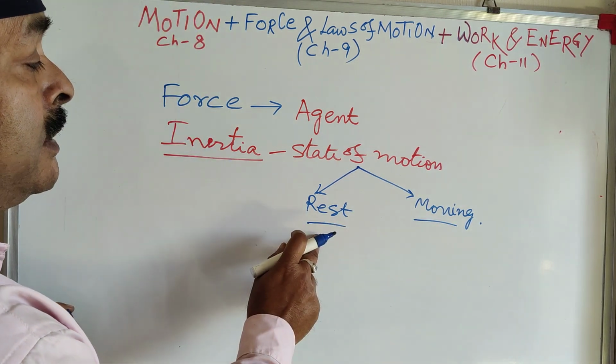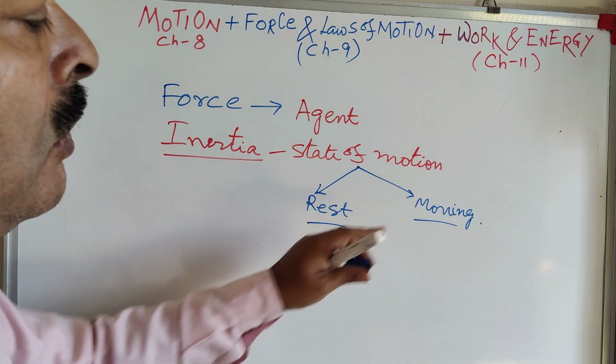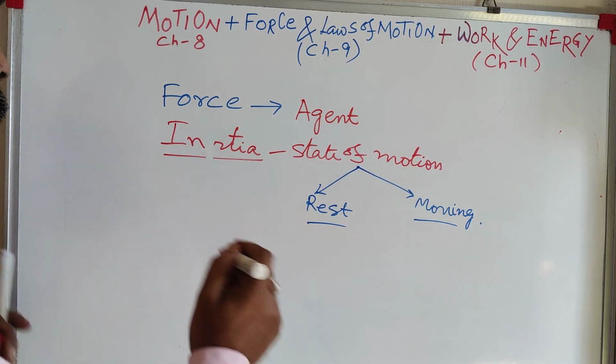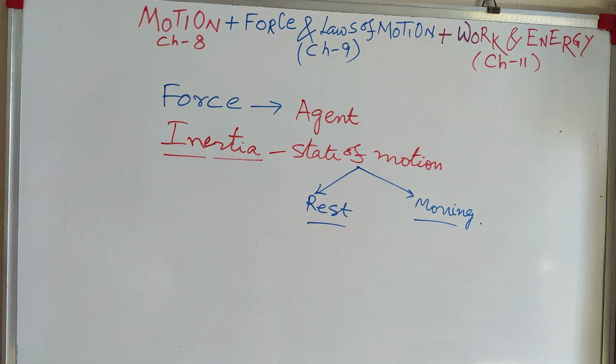When it is at rest, it will remain at rest until a force is applied on it. When it is moving, it will keep moving. It will not stop on its own unless some external force is applied on it. So this is the concept of inertia, and this is the definition of force. This is the first law of motion, given by Newton.